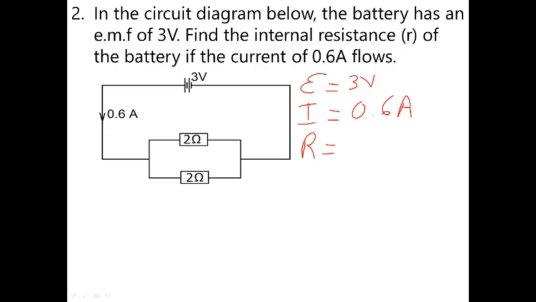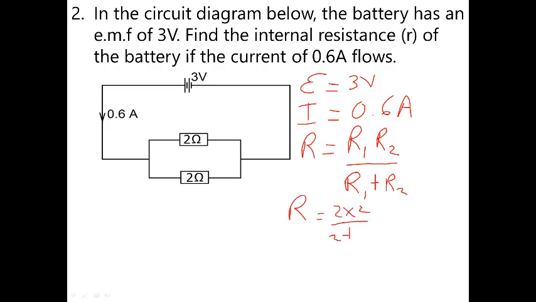These are two resistors in parallel. We shall have R1, R2 product over the sum, and that will give you capital R is equal to 2 times 2 over 2 plus 2, which will give you 4 over 4, which is 1 ohm. Okay, now remember, E is equal to I capital R plus I small r.